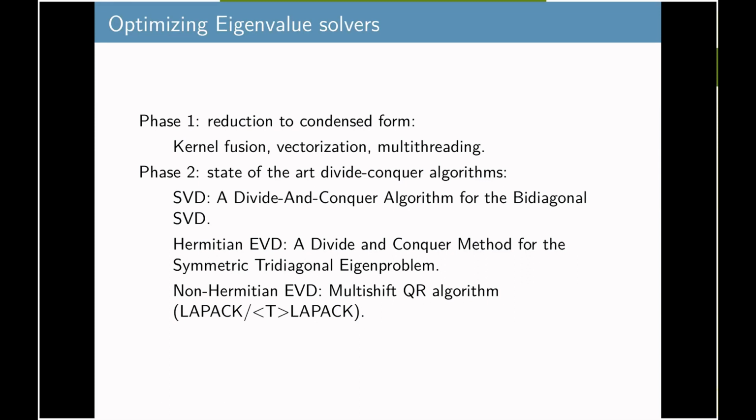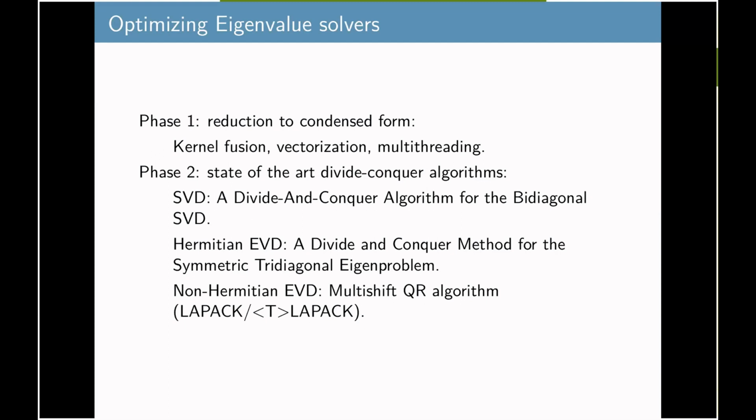So this is a generalized form of what we showcased for the LU. And of course, there's also vectorization and multi-threading, which are less useful for this algorithm since it's more memory bound, but it still offers a significant benefit compared to just performing the algorithm sequentially.